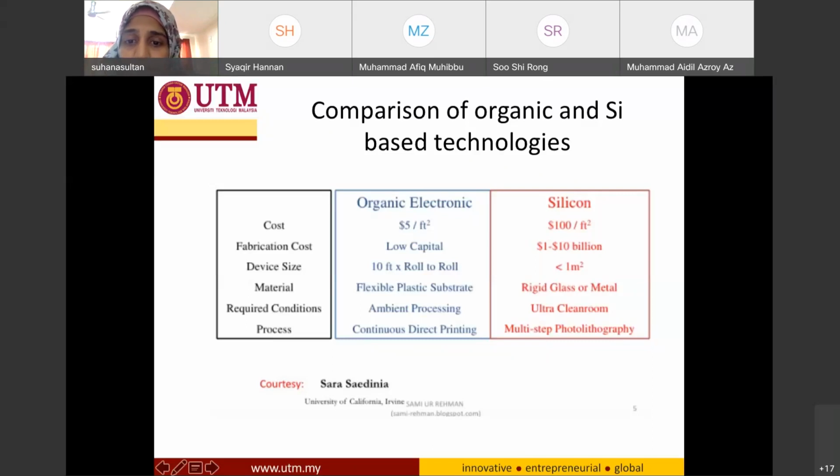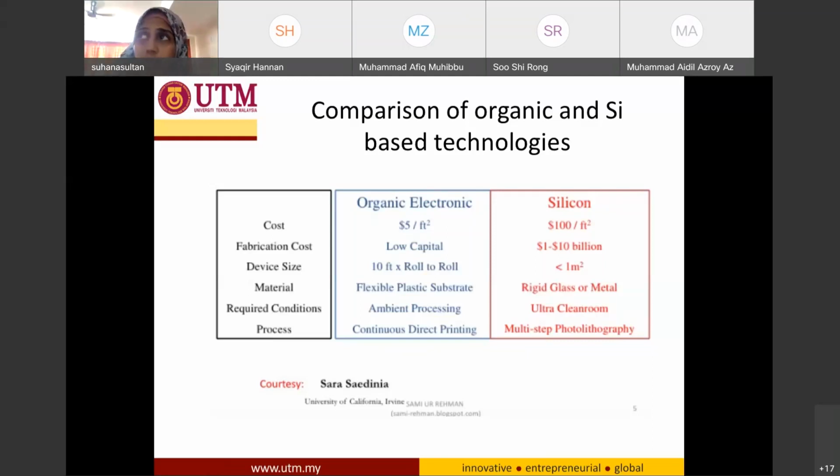Whereas silicon requires a very clean environment, an ultra clean room. It is rigid, and the device size is very small. The cost to maintain the clean room and to get the material, silicon, is expensive compared to organic. It costs about 10 billion. It requires a photolithography process, right? So again, the cost, you have to look at the application as well.